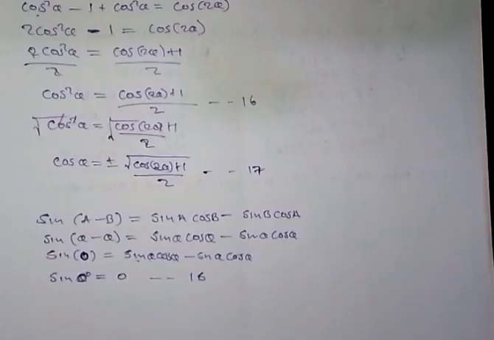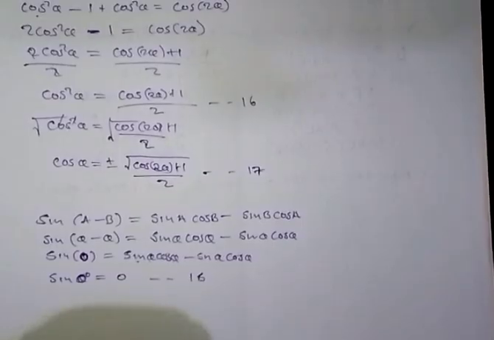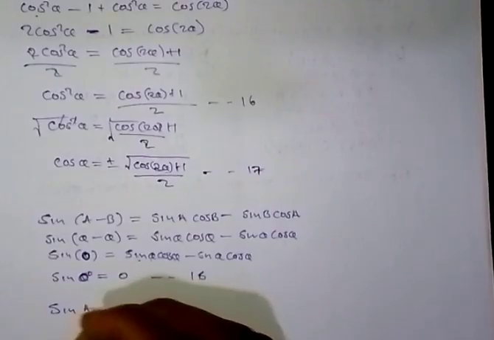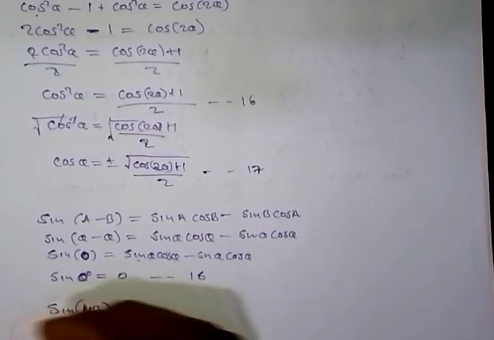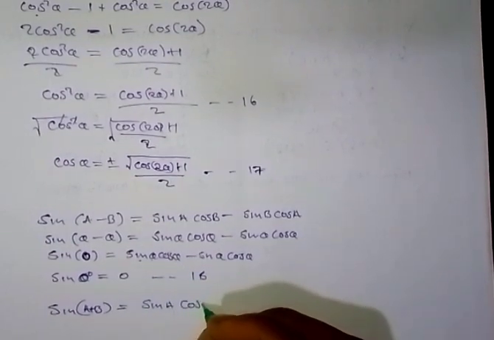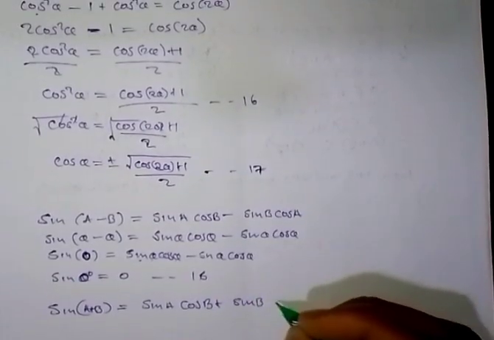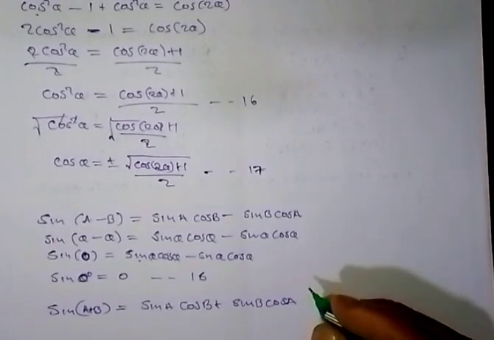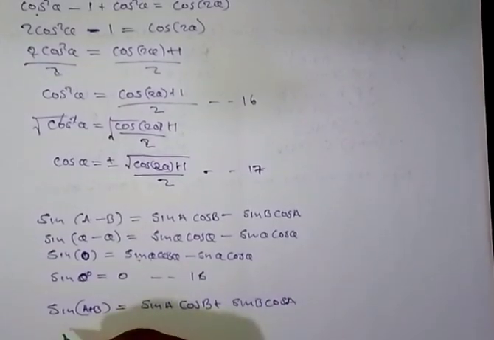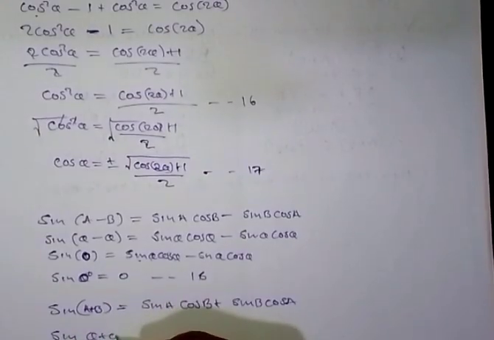So sine A plus B, this is the first fundamental identity, is equal to sine A cos B plus sine B cos A. So from here, we are going to say sine theta plus theta.